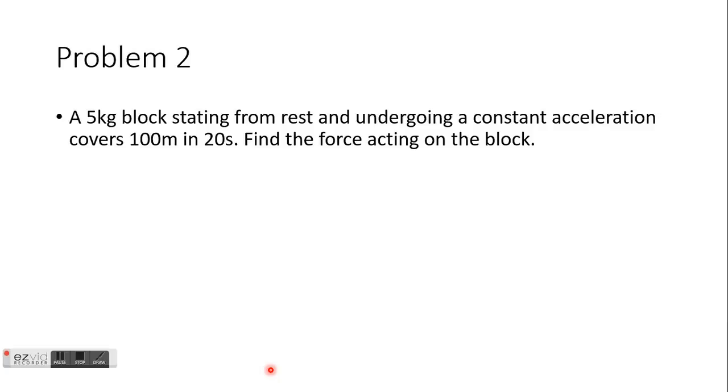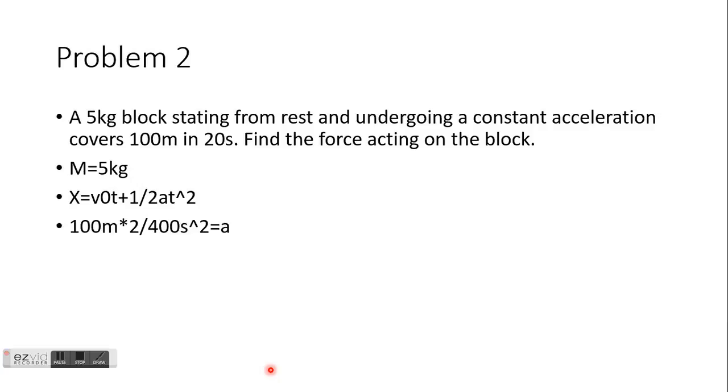The next problem: a 5 kilogram block starting from rest and undergoing a constant acceleration covers 100 meters in 20 seconds. Find the force acting on the block. We're going to have to use our kinematics properties. We know initial velocity, displacement, time, and mass, and we want to find acceleration, and from that find force.